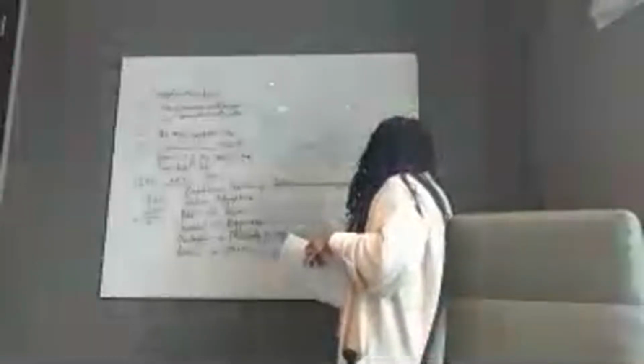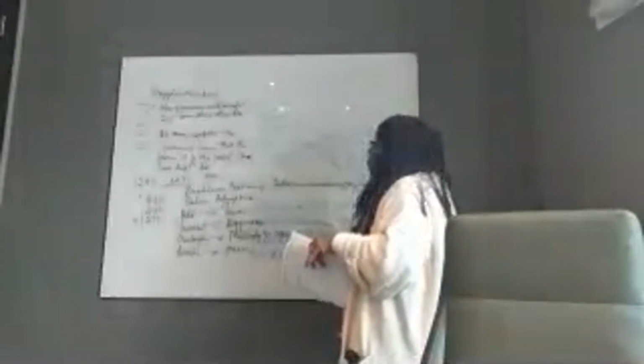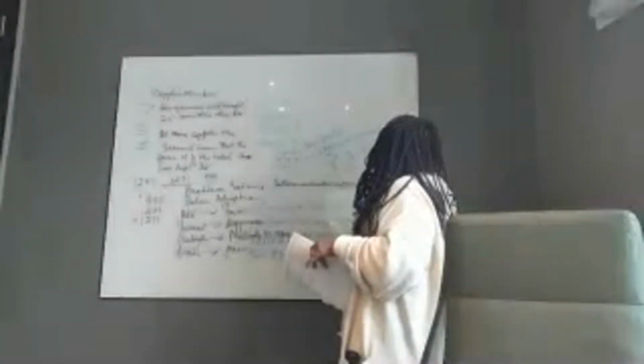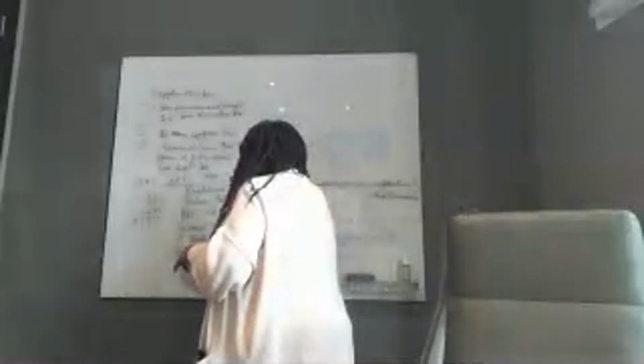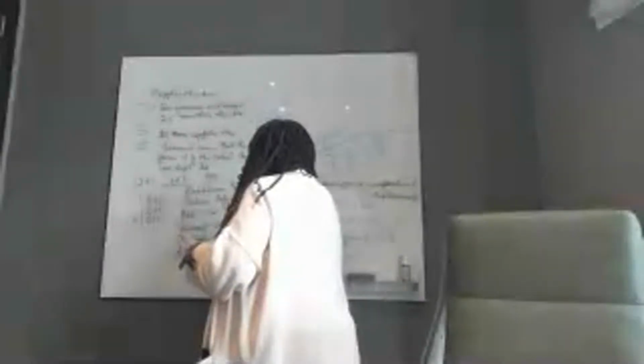A third of the hot pocket, the whole thing. So it was one hot pocket divided by how many people? Three people. There's your fraction. And then you can see it on the diagram. 1/3, 1/3, 1/3. So 3/3 equal a whole.